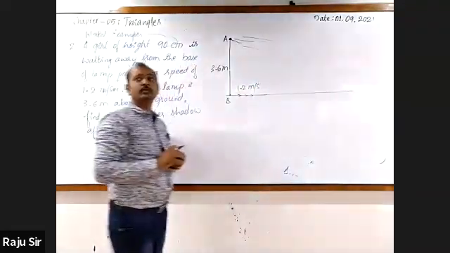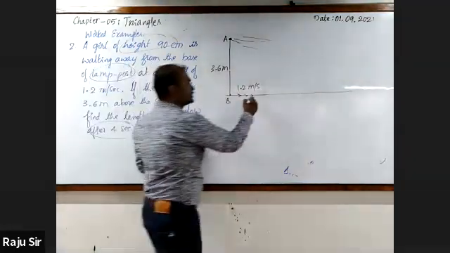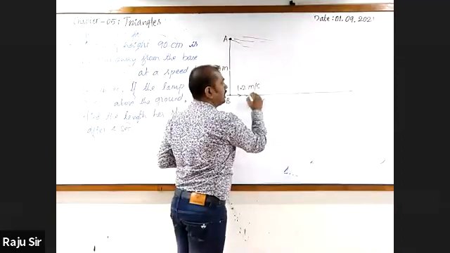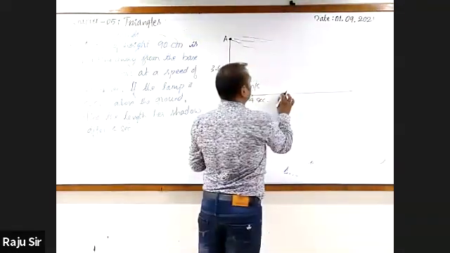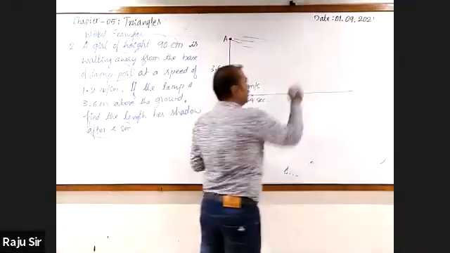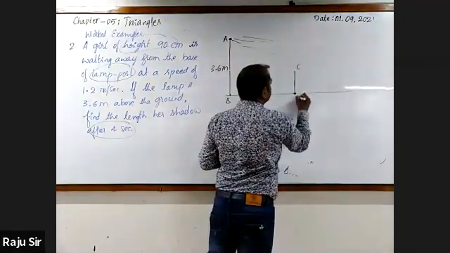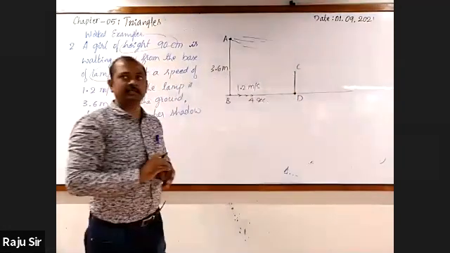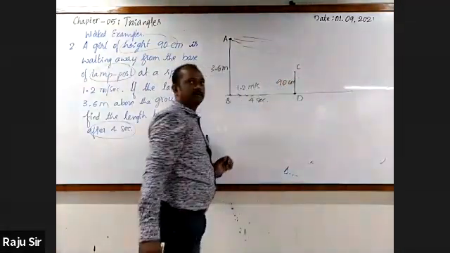How long will she move? For 4 seconds. After 4 seconds, she will stand here. And here I am drawing the line which represents the girl's height. How much? 90 centimeter.